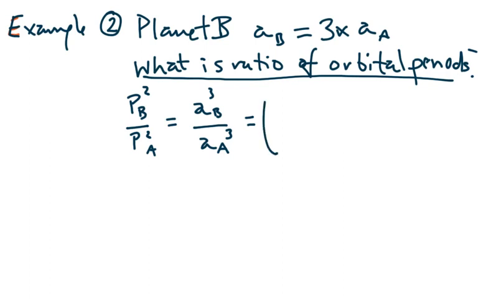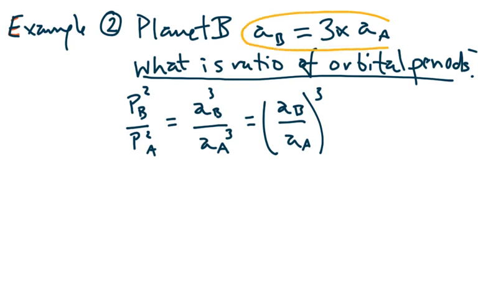So it might be easier to see that ratio as a single fraction, so we take the ratio of A sub B over A sub A, and we'll cube that whole ratio. And this is where we can now go ahead and substitute in the expression that we have that relates the 2 semi-major axes. We'll substitute that in for the planet B.